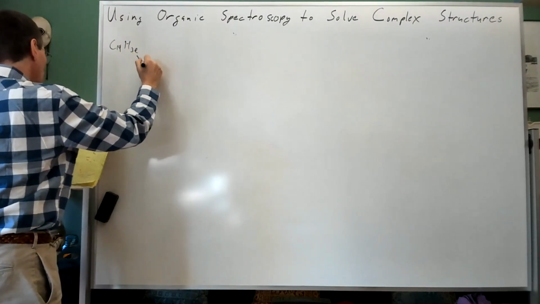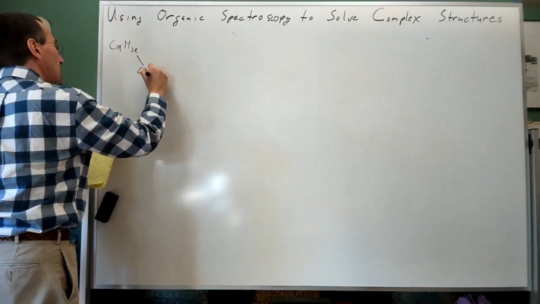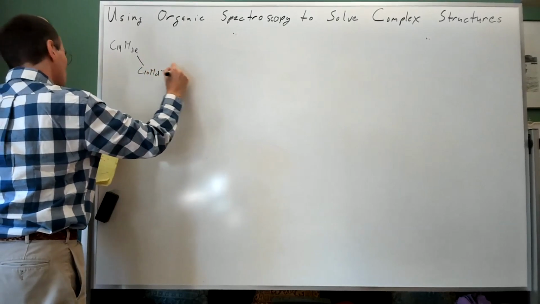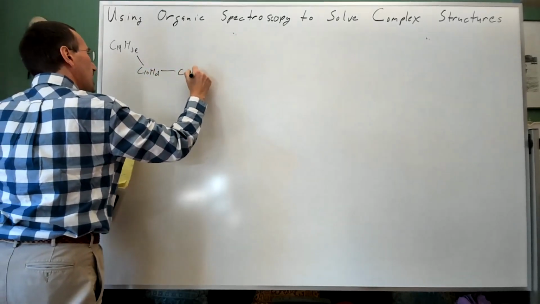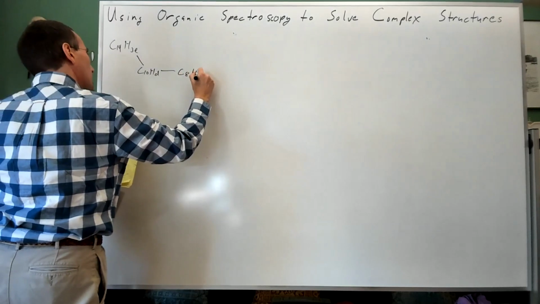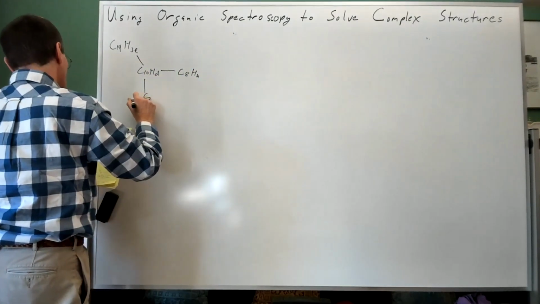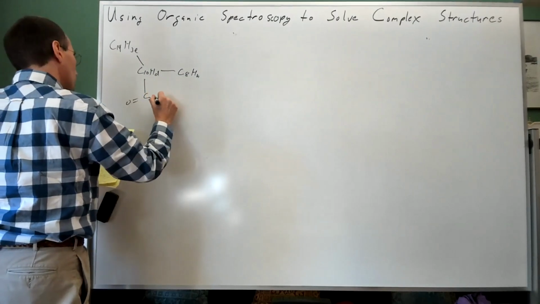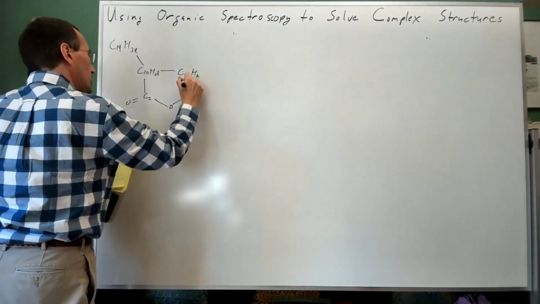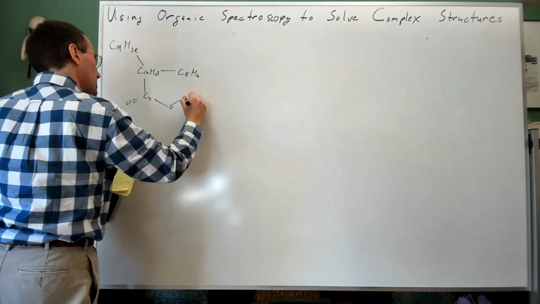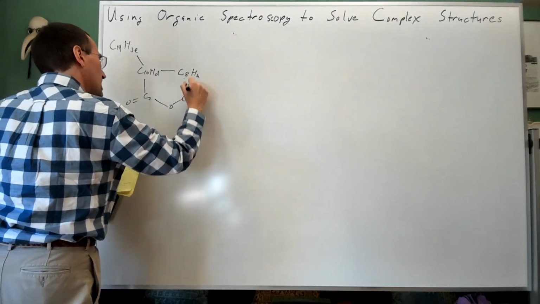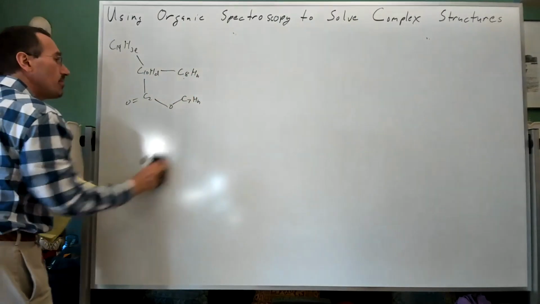So we start with C14H3L. That comes into C10HD. That comes into C8HH. That comes into our C2 carbonyl. That comes to our oxygen. That comes to our C7HC, pardon me.